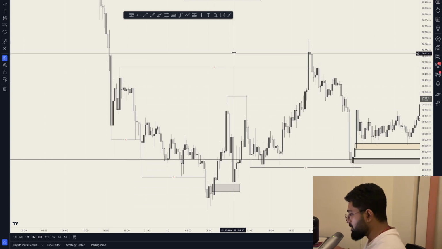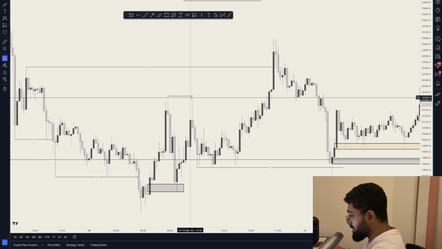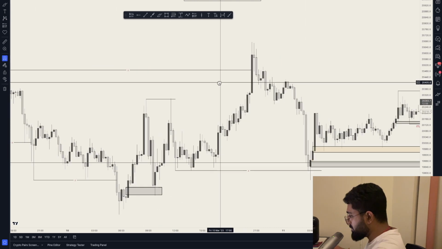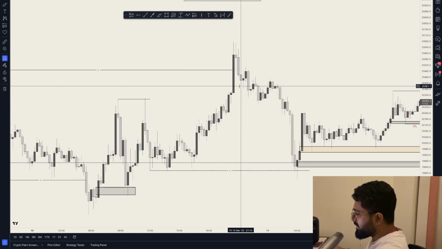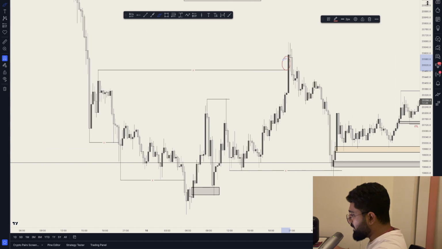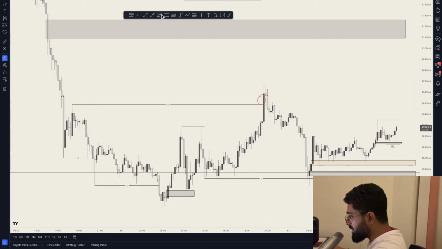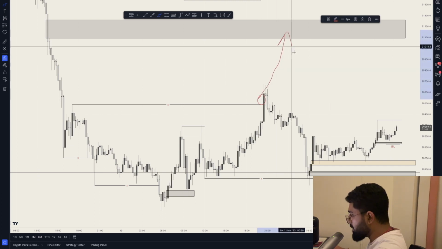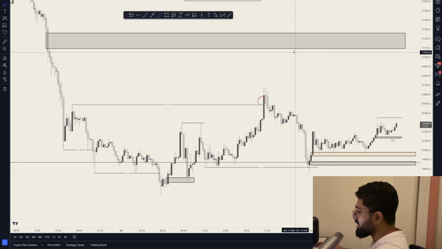This became an intermediate term high, from the advanced market structure lesson. If price is able to break this intermediate term high, we can be more confident that price will again try to go up here.